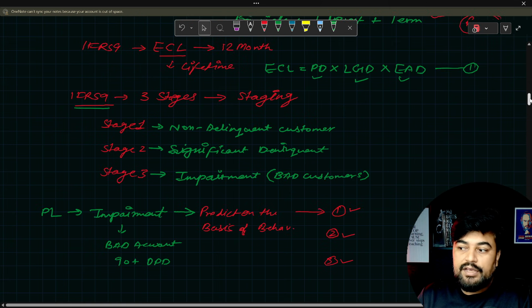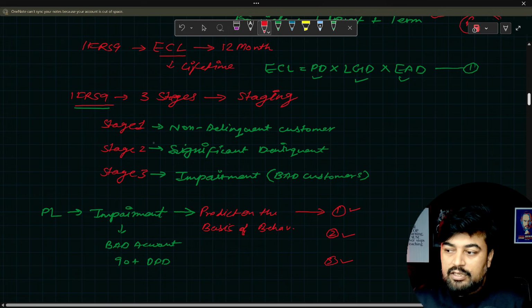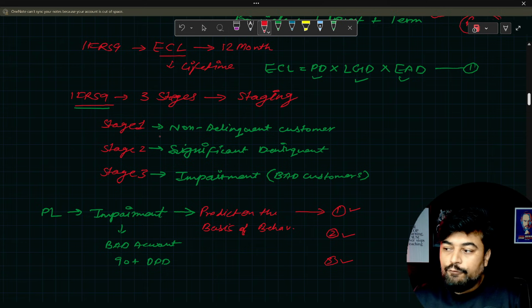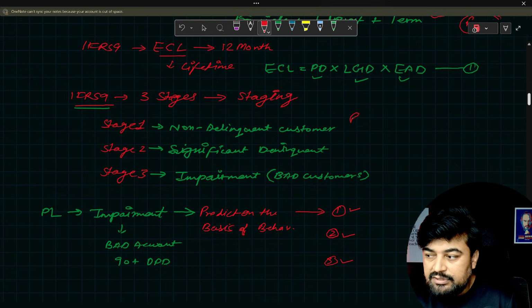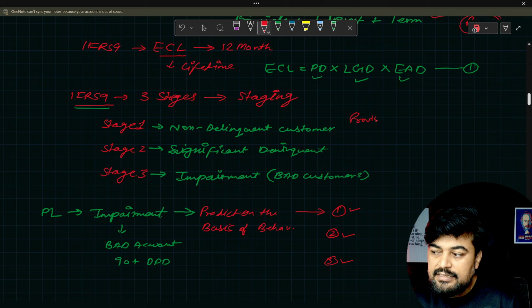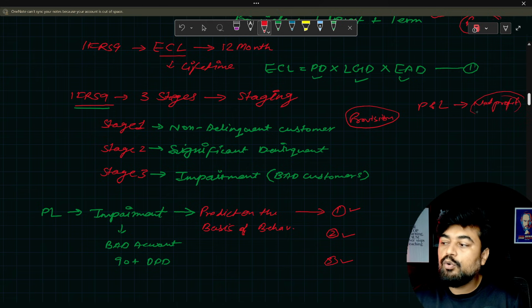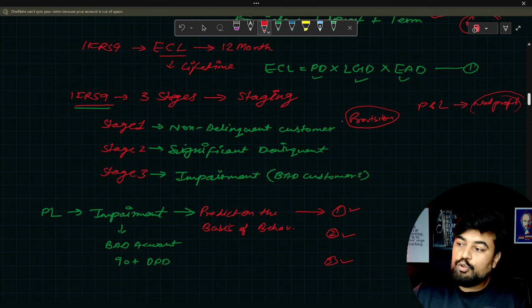Now if you see here, we are just worried about the stage-wise delinquent people, and we are focused on the provisions, which are an arrangement made from your profit and loss. What is the net profit? So from net profit, you need to make the provisions to secure all these stages.